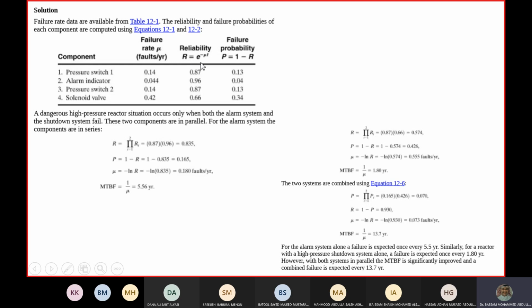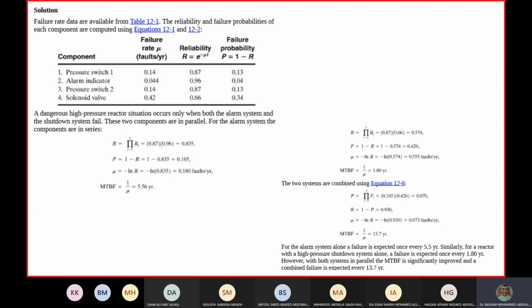Now, you can calculate the reliability and the probability of each one, which is simple to do, because you just take the exponential of minus this term multiplied by t, which is the time. In this case, it depends on the question. Usually we are talking about 1 year, so that should be simple and straightforward.